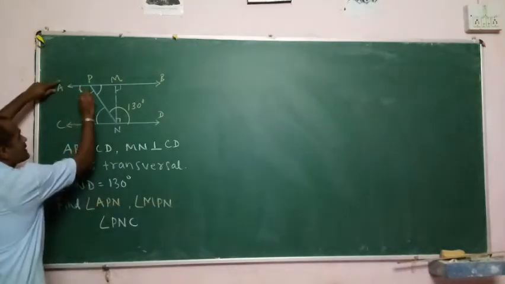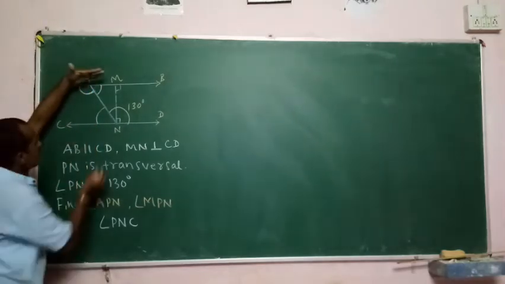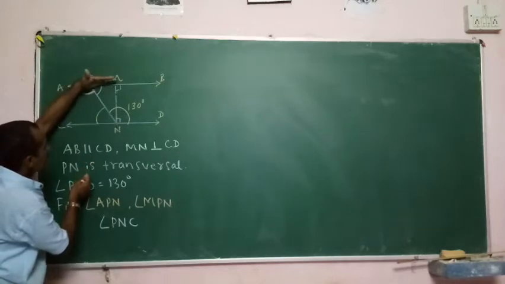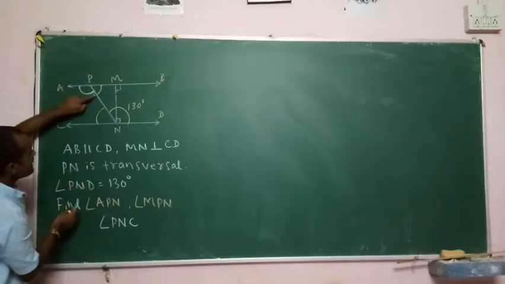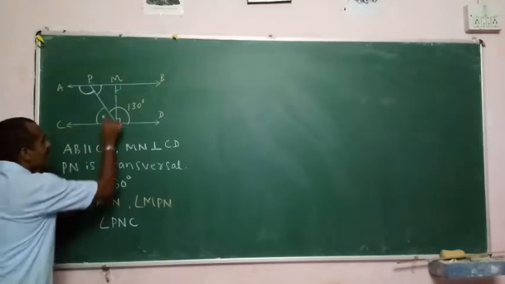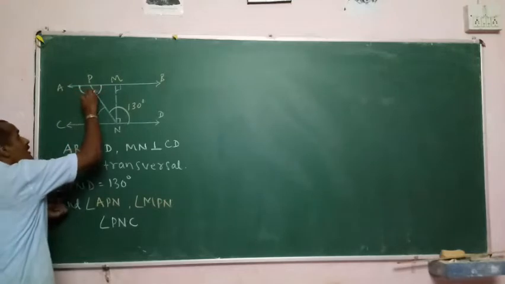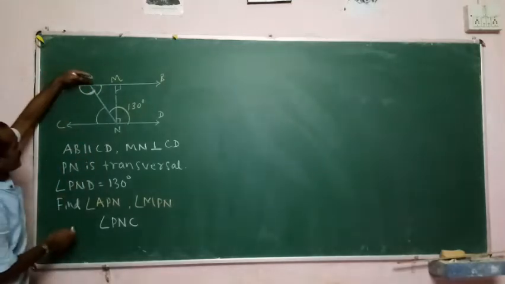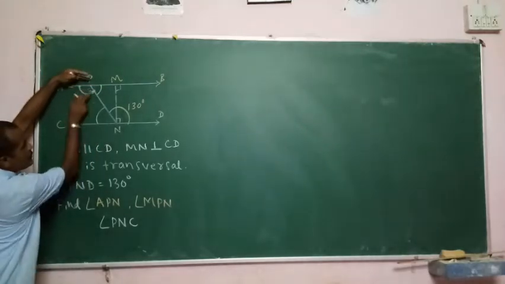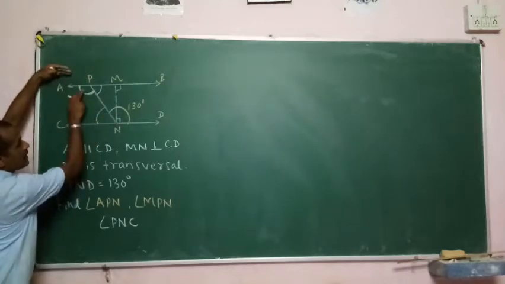First, let me find this angle. Okay. See, these are the two parallel lines. And this is a transversal. Can I say this angle and this angle are equal to each other? See, parallel lines, transversal. These are called alternate interior angles.